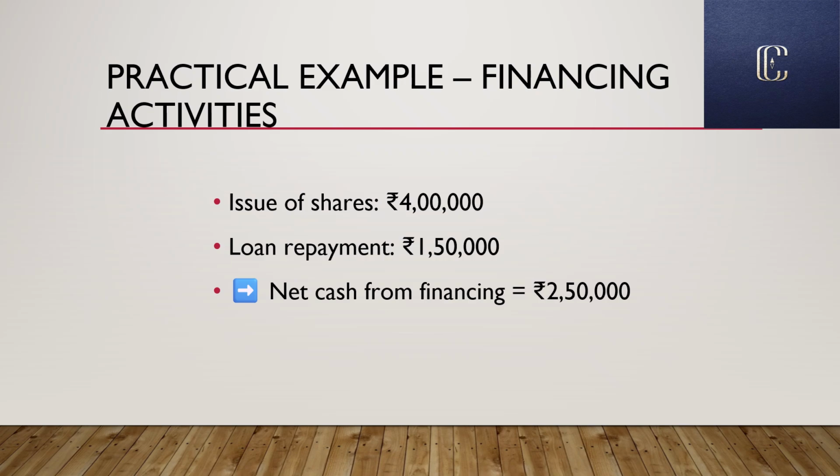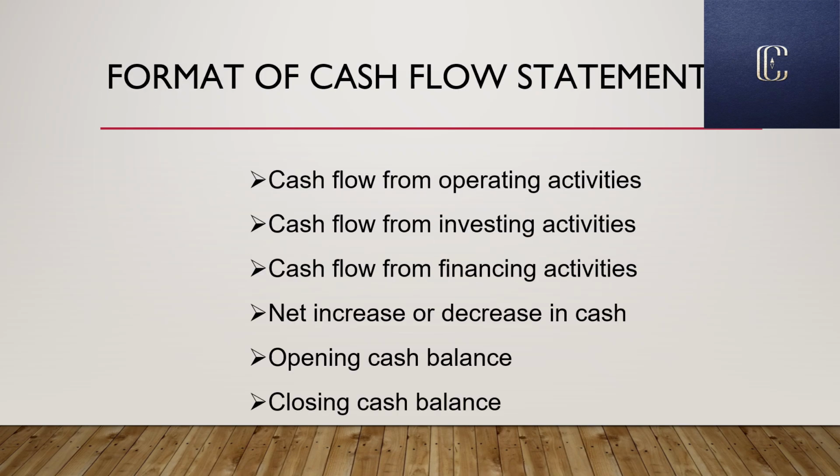A cash flow statement shows how cash moves in and out of the business during an accounting period. It answers one important question: where did cash come from and where did it go? The statement has a standard format used by all companies. The cash flow from operational activities is the first and most important section.